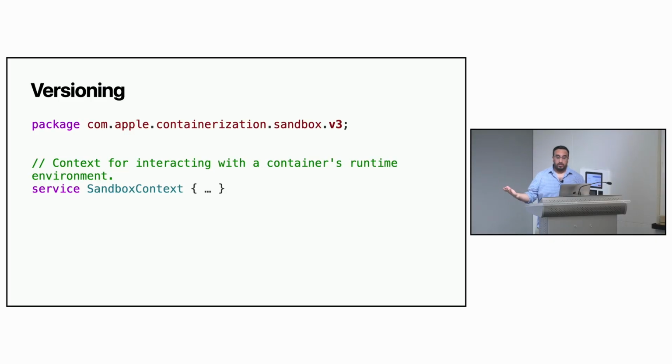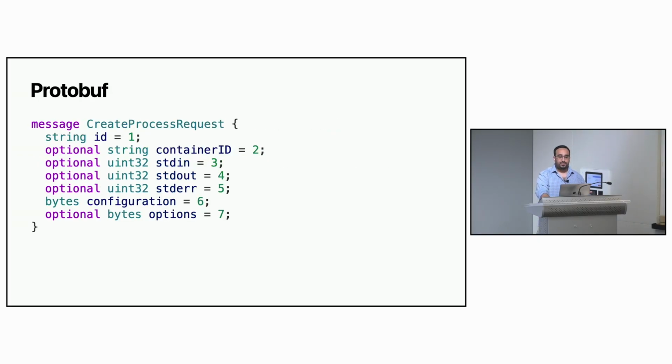So when we're talking about versioning, you can see the code excerpt from the project that we're now on version 3. That means we've iterated twice already. But even before we had to completely break versioning, protobufs were great to evolve over time. We were able to evolve our types from v1 to v2, and even v2 to v3 in some cases, in our protobufs by adding fields that clients wouldn't use right away.